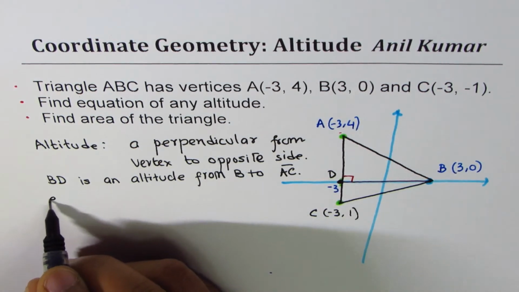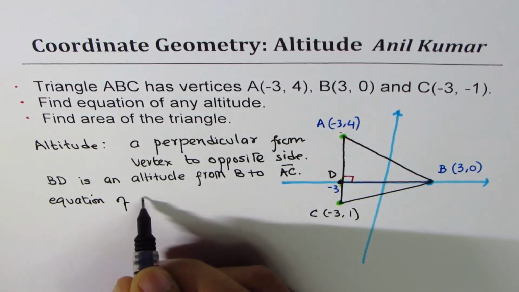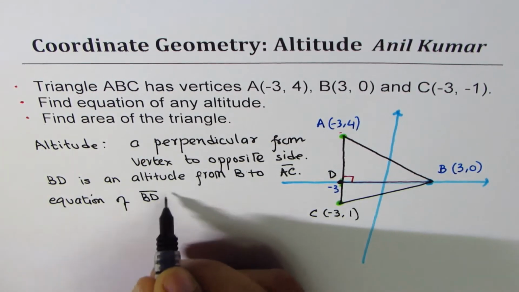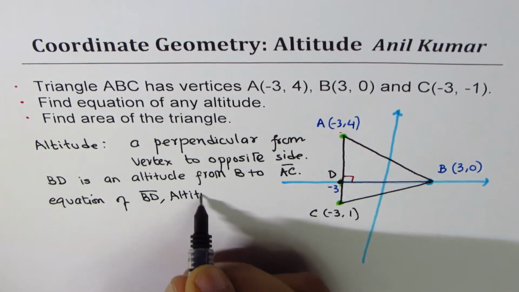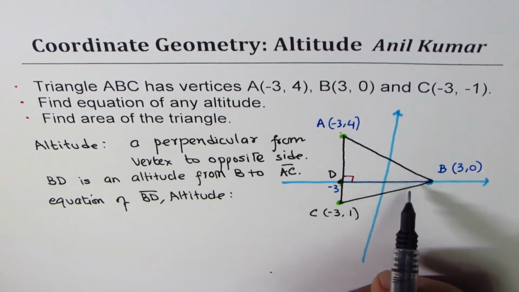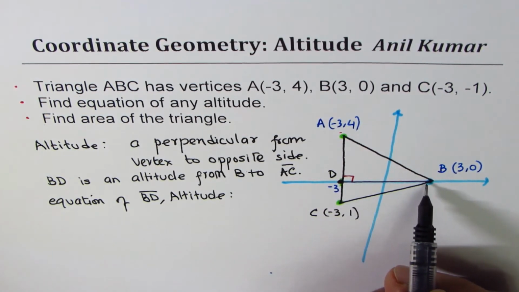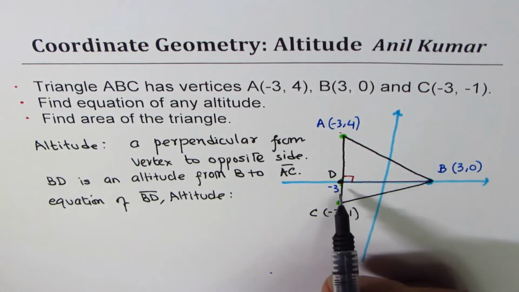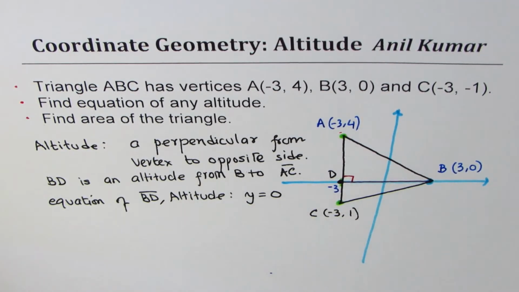So the equation of BD, which is the altitude, is what? This is a horizontal line and the y value is 0. Perfect. So we can write this as y equals 0.